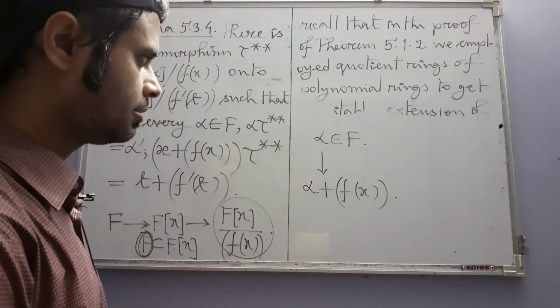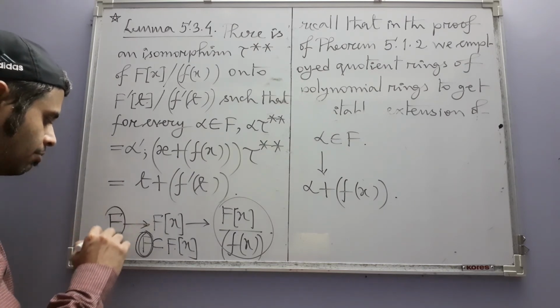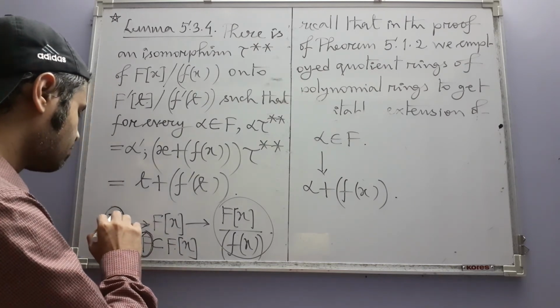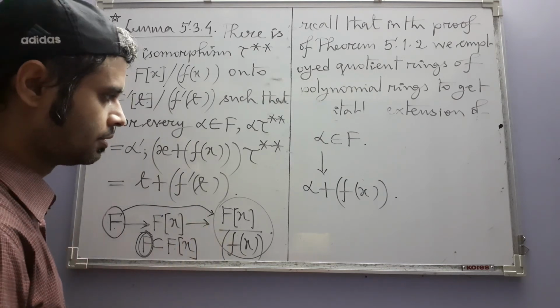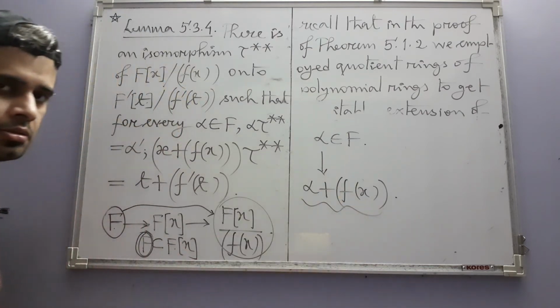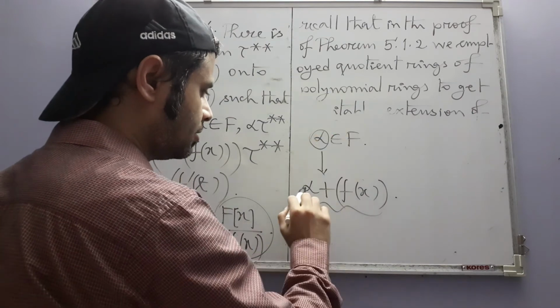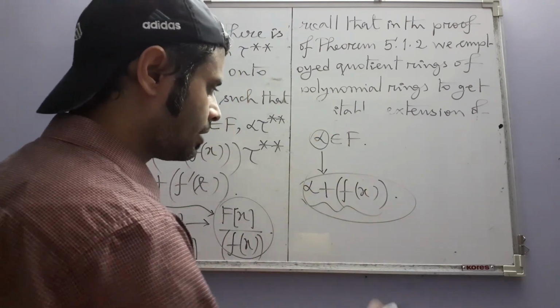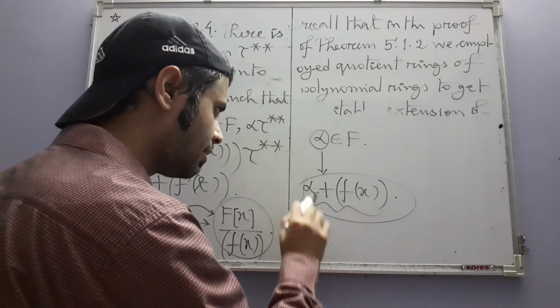If you do that, you will see that you are getting a one-to-one homomorphism of the field F into this quotient ring, whose image has elements which look like this. So in that sense, in place of every alpha, you can think of this thing, and these particular types of cosets, they will behave like scalars.